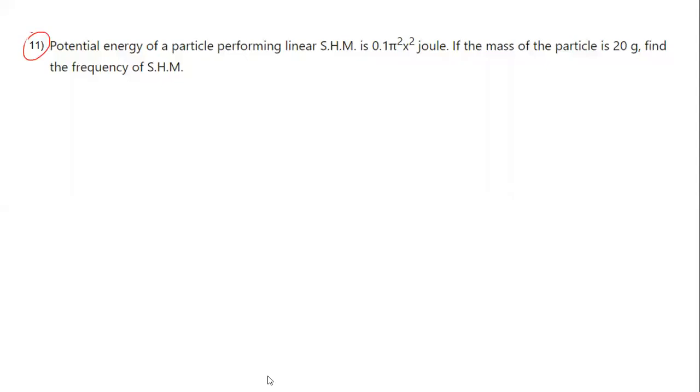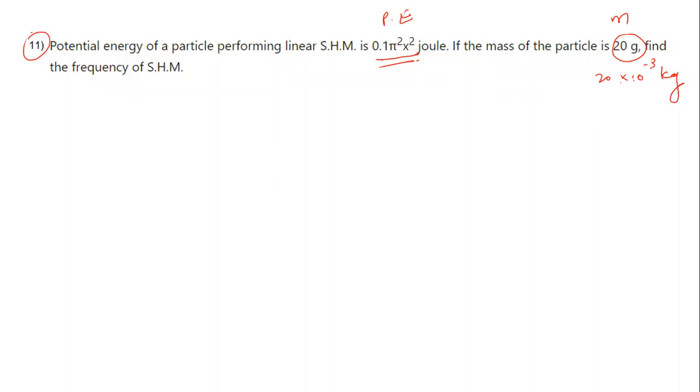Now here, this is the potential energy, and this 20 gram is the mass that you have to convert into kg. So you can write 20 into 10 raised to minus 3 kg. And we have to find the frequency.